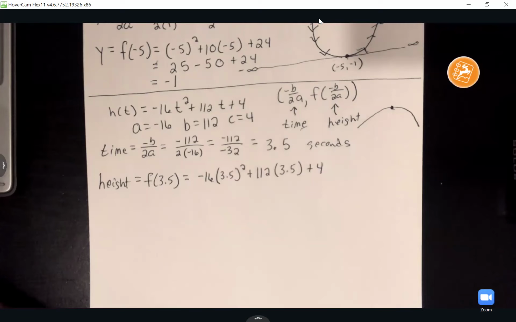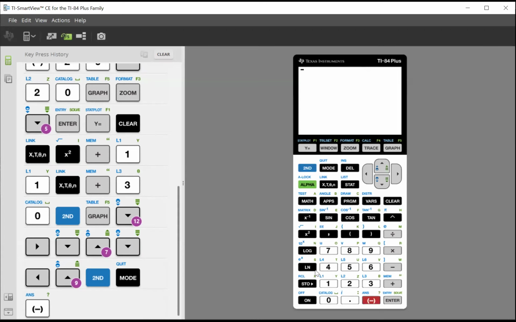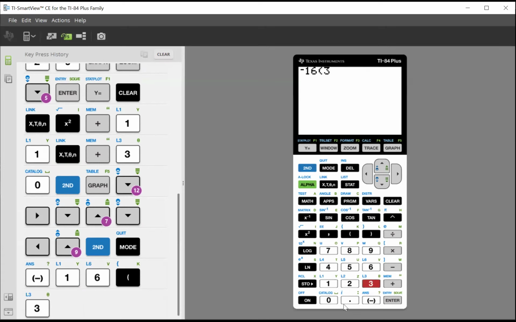So I'm going to go to the calculator and punch that in. I had negative 16, and in parentheses, 3.5.